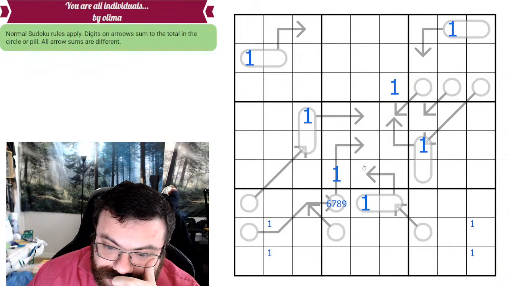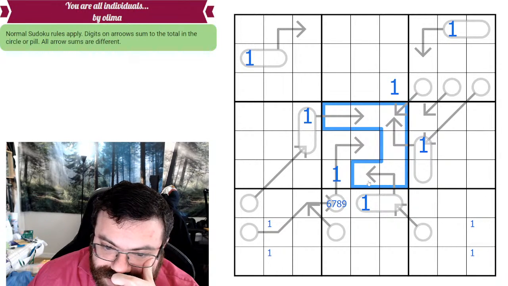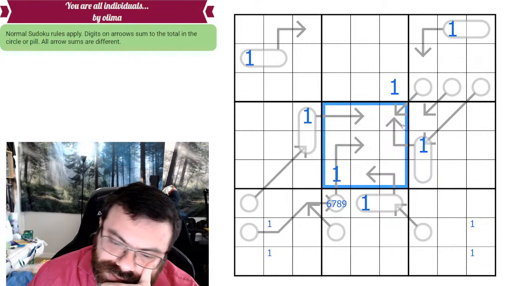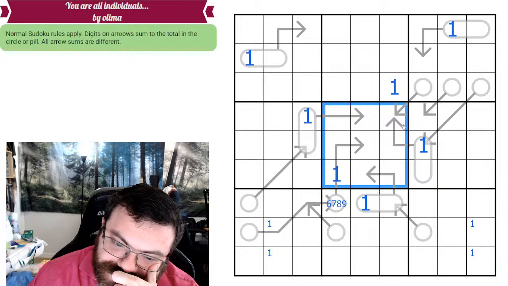All right, so let's look at this box here. This is 45.